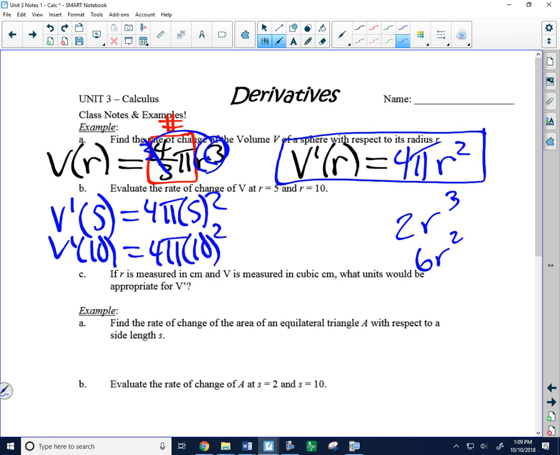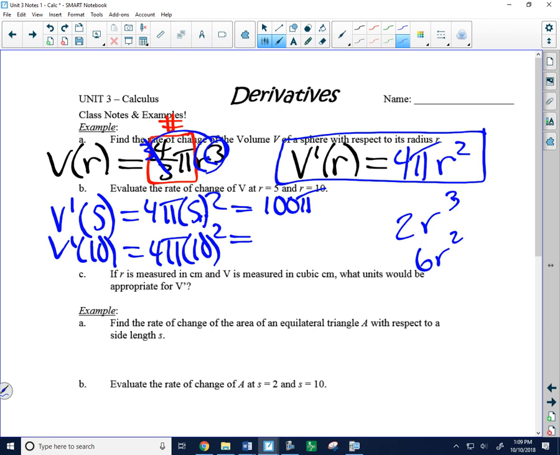Often if the problem starts with pi in it, you can leave your answer in terms of pi. So like here, I'm going to leave my answers in terms of pi. 5 squared, order of operations first, is 25 times 4, so I got 100 pi. And it didn't give us any units, so it's 100 pi.